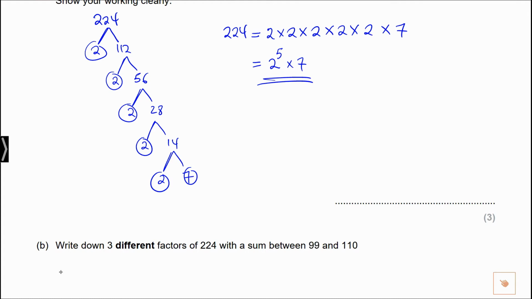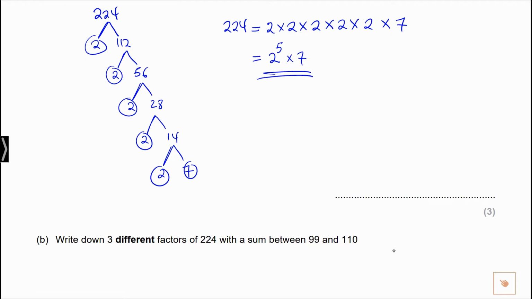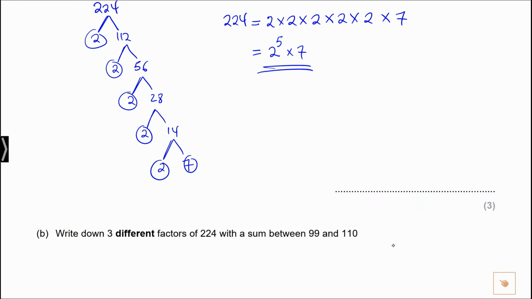Okay, now the next question is: write down 3 different factors of 224 with the sum between 99 and 110. Basically, just by looking at this factor tree, we can write down factors of 224.